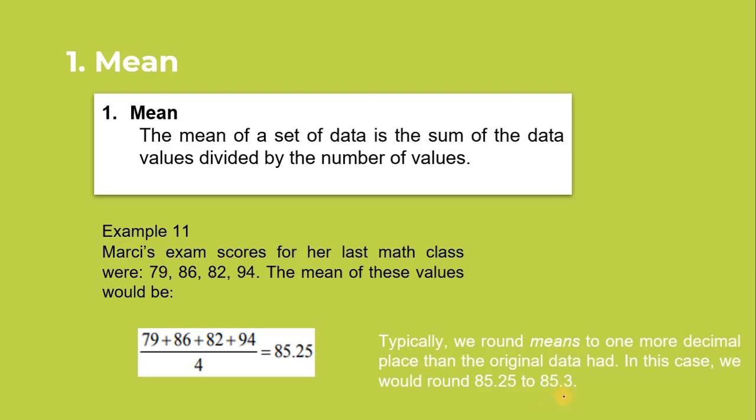There's an additional rule, so I made a mistake. Since our given values have no decimal place, we use just one more decimal place than the given values, so round it to 85.3. If the values are, for example, 12.5, 12.6, and you average them, you add one more, so there should be two decimal places.